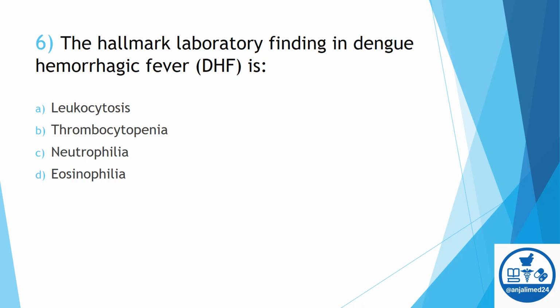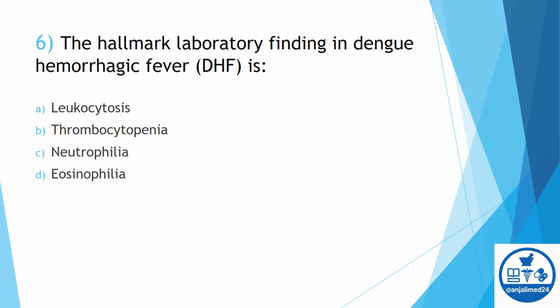The hallmark laboratory finding in dengue hemorrhagic fever, DHF, is A. Leukocytosis, B. Thrombocytopenia, C. Neutrophilia, D. Eosinophilia. So the correct answer is thrombocytopenia. A platelet count less than 100,000 per cubic millimeter.